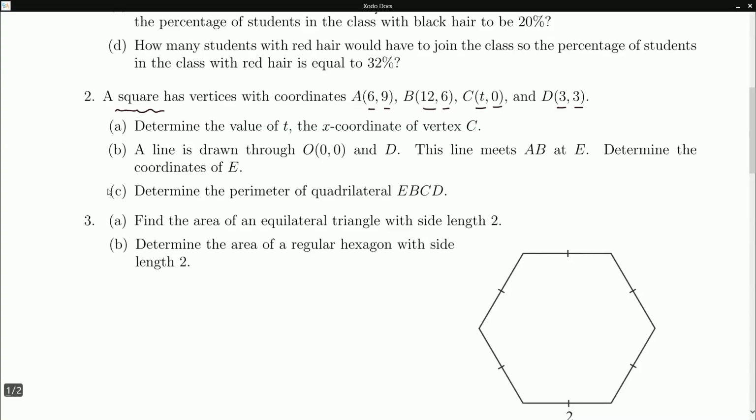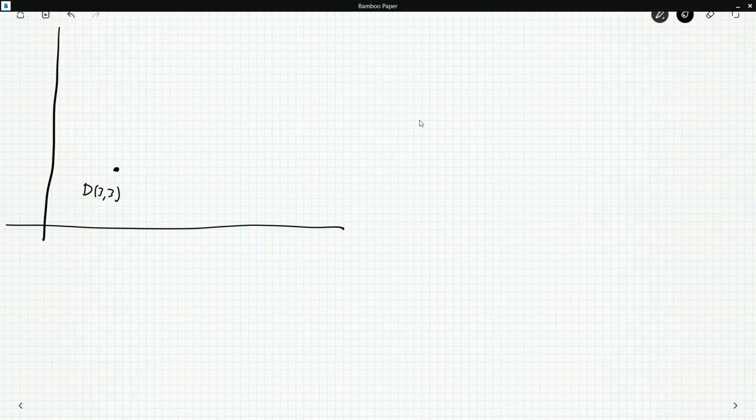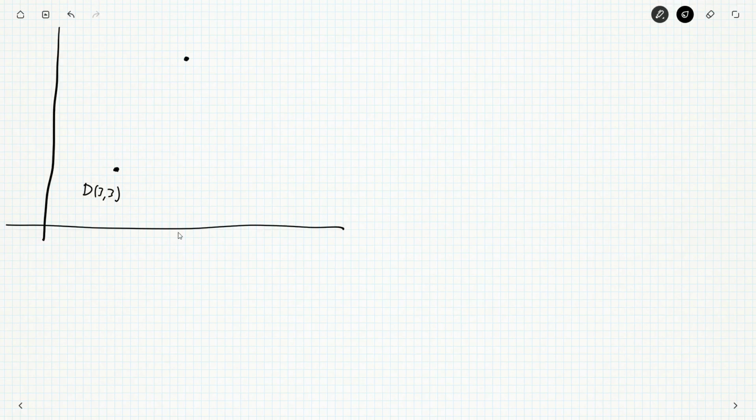Then A is (6, 9), and B is (12, 6), all the way over here. Then C has got to be down here, at (t, 0).